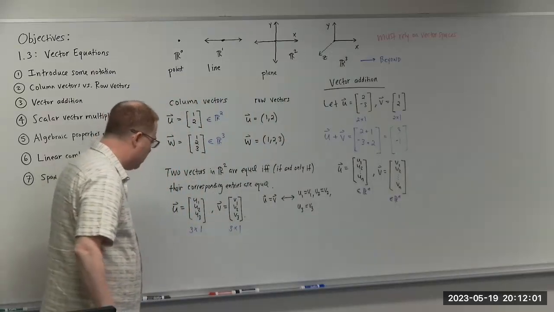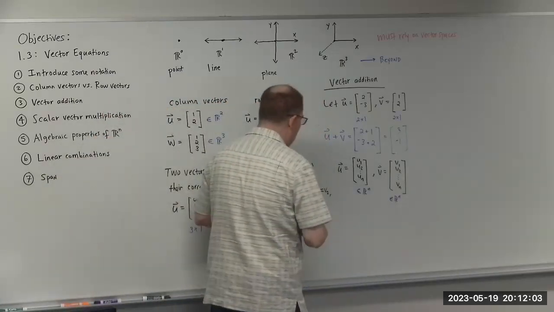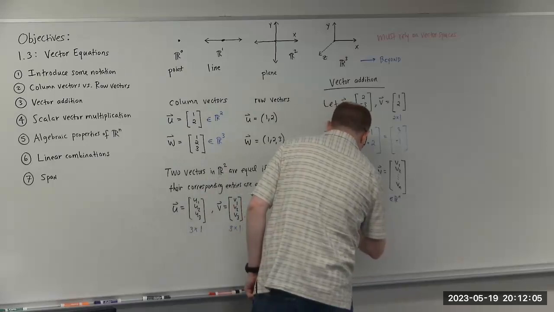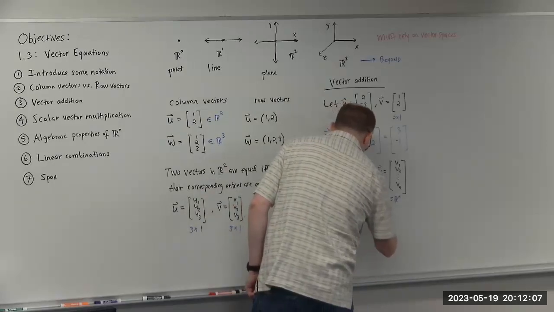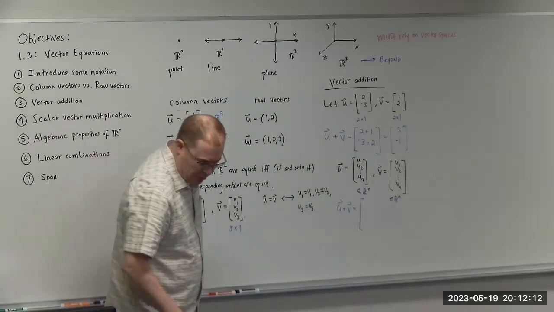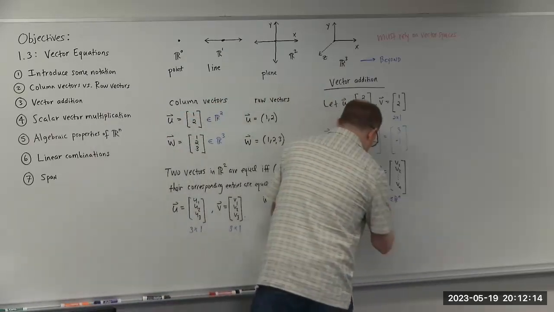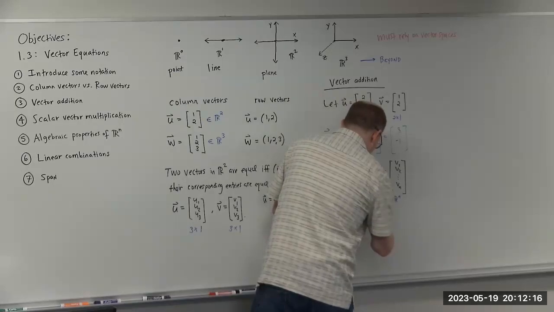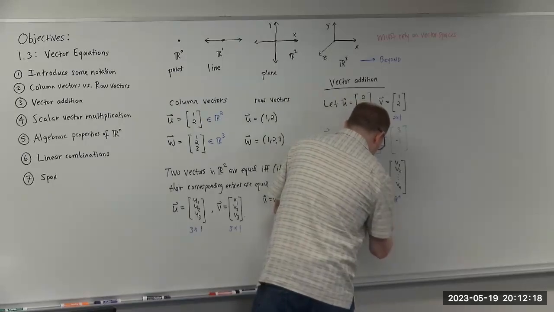The resulting vector that we end up getting is again just add the components. So we're going to get u1 plus v1, u2 plus v2, dot, dot, dot, u of n plus v of n.